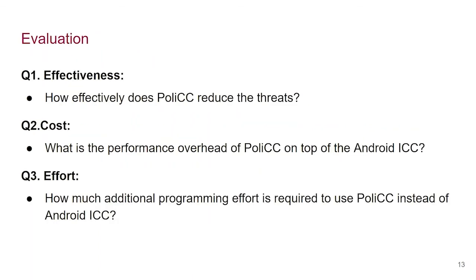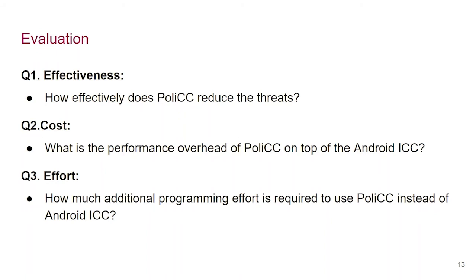Now let me introduce our evaluation. We have three evaluation questions. First, effectiveness: how effectively does PolicyC reduce the threats? Second, cost: what is the performance overhead of PolicyC on top of the Android SEC?